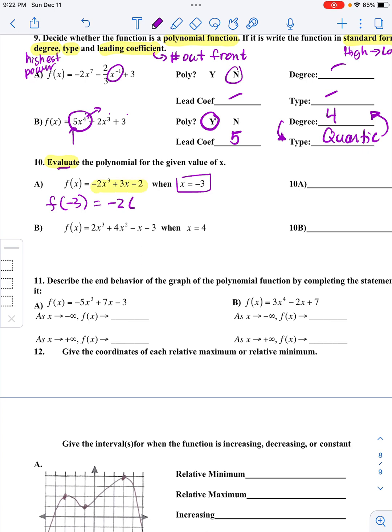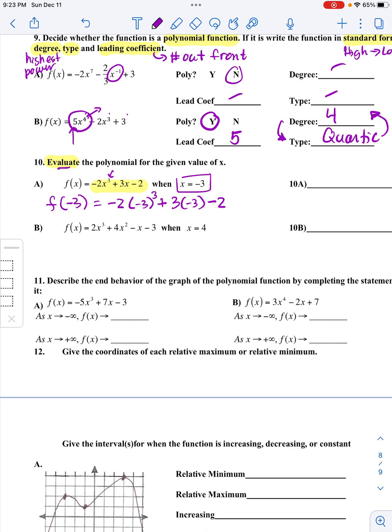And then in parentheses, you put your -3 and then do whatever you're supposed to do to it, cube it. Then the rule says to add 3, and then where there was an x, put your -3 in parentheses. And then the rule says to -2. So it's really important that you use those parentheses, especially when it's a negative.